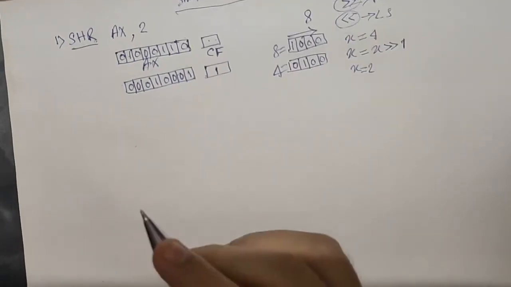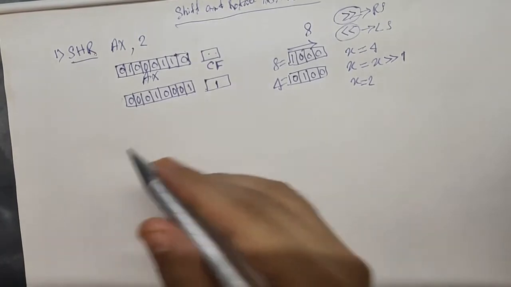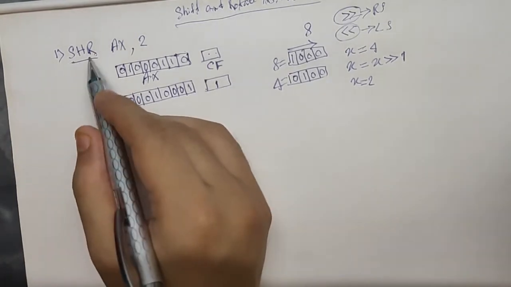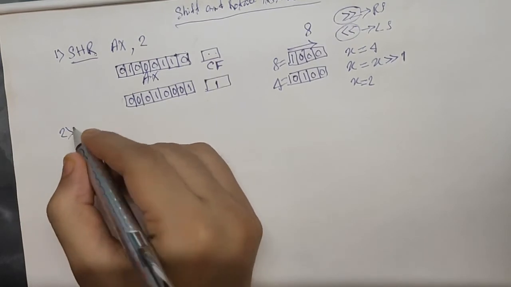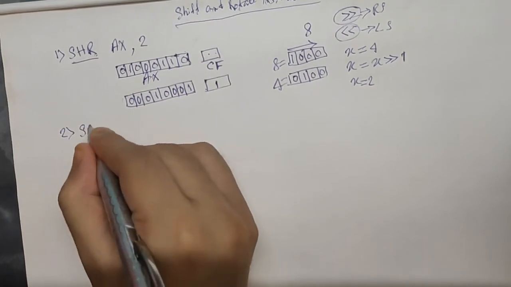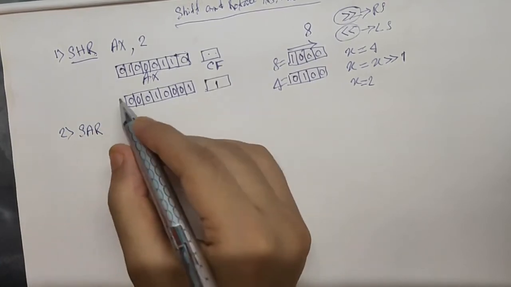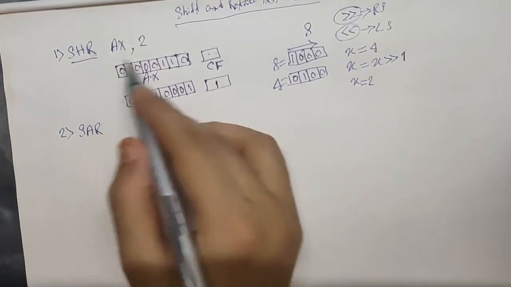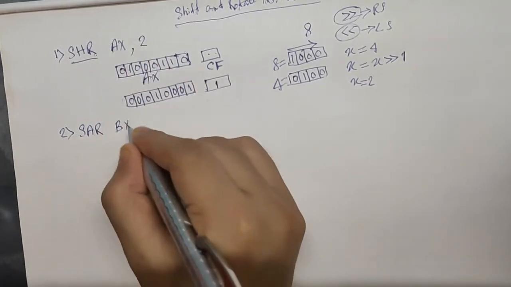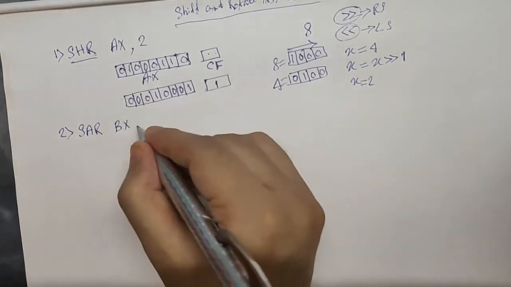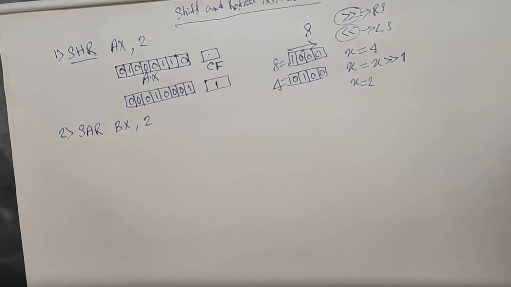Now I am coming to the next operation, the arithmetic right shift. This is logical right shift, and the next operation is arithmetic right shift, and the syntax will be SAR, shift arithmetic right, and the other two parameters will be the same. Suppose this time I'm taking BX, this is the register name, and I also want to shift this two times.